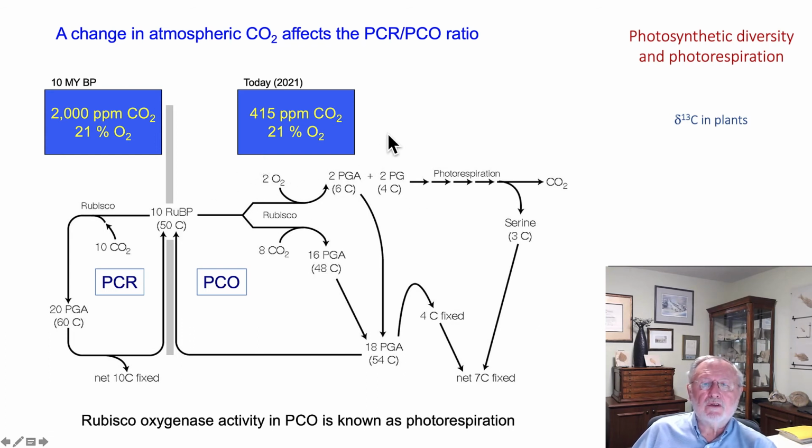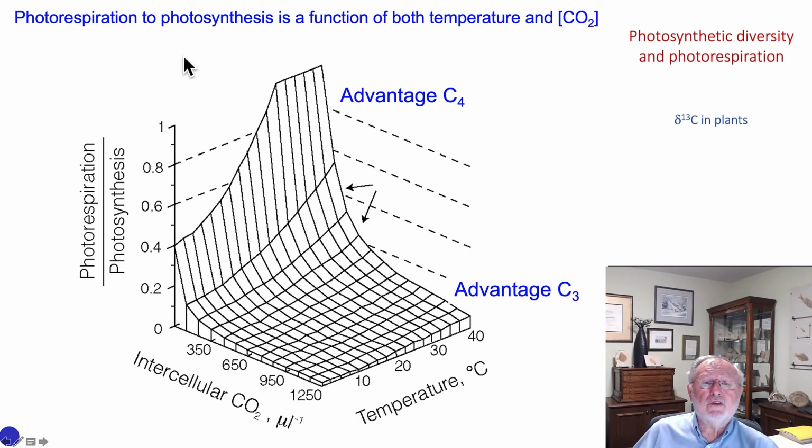The consequence of this atmospheric composition today is that for every 10 RuBP molecules, we find that we have 54 PGA, not 60. So we have net carbon fixation of only 7. So there's a reduction in the efficiency of the reaction in today's environment. This photosynthetic process and photorespiration are both a function of temperature.